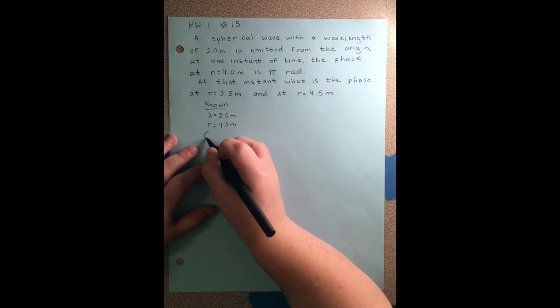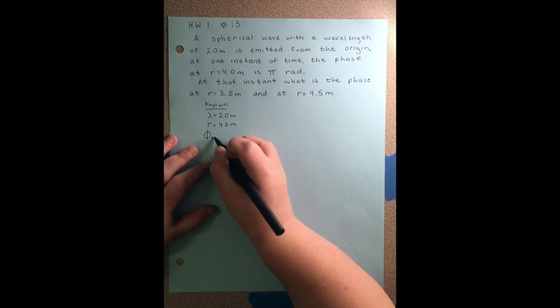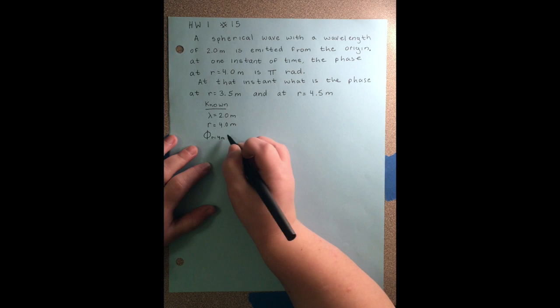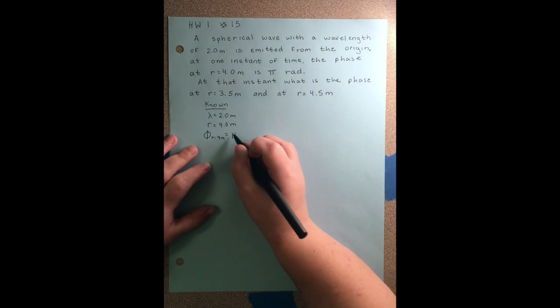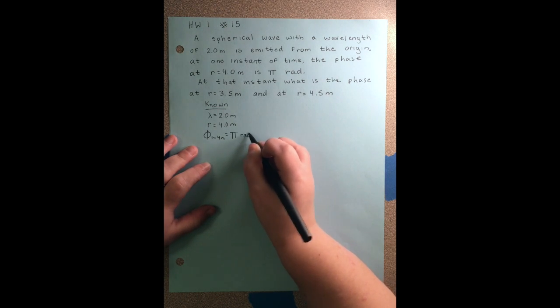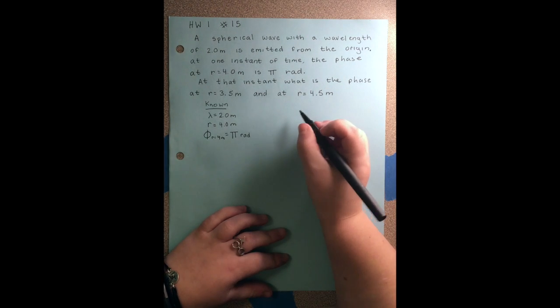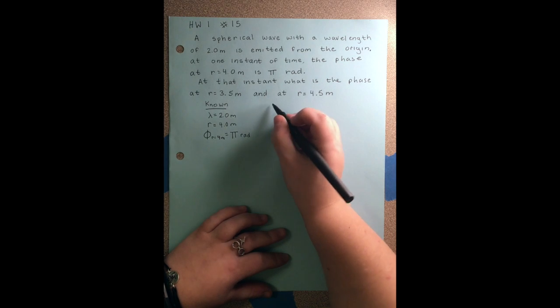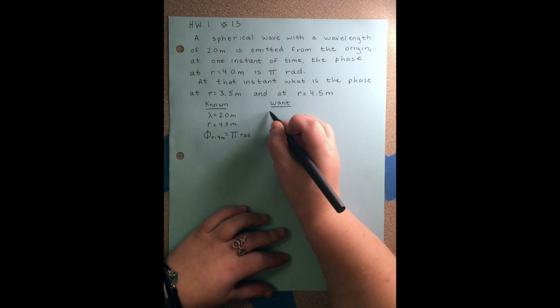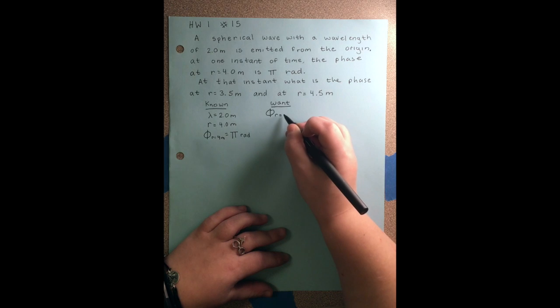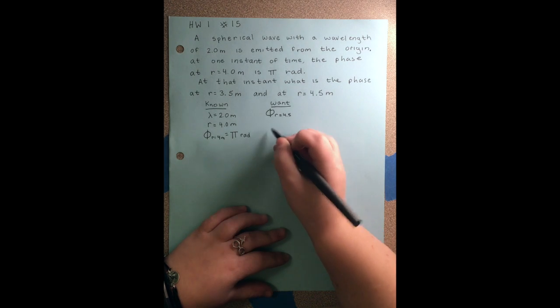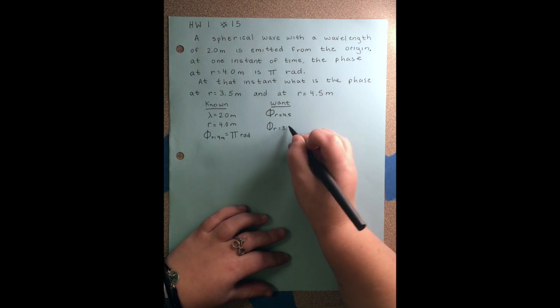And the phase, when the radius is equal to 4 meters, is pi. Then I like to make a list of what we're looking for. So in this case, we are looking for the phase when the radius is equal to 4.5 meters and when the radius is equal to 3.5 meters.